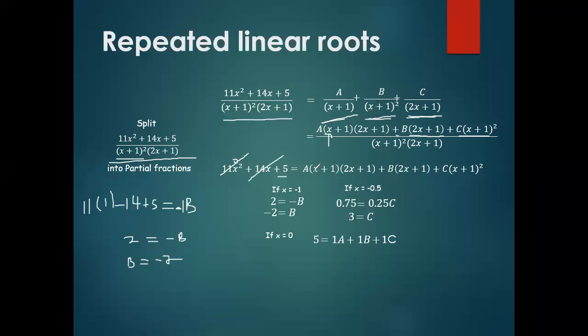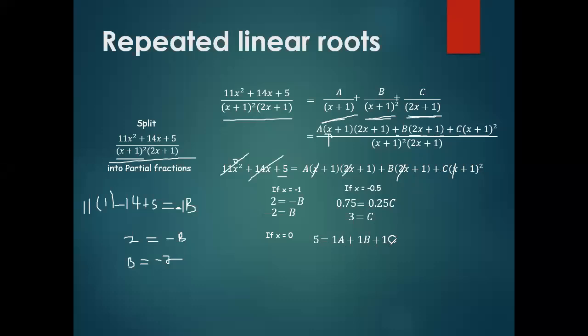Then this x is 0, so this side will be 0. So that will be a times 1, which is 1a. 2x is 0, x will also be 0 here. So b times 1 will be b, and then c times 1 squared will be 1, so c times 1 will also be 1. So we have 5 is equal to a plus b plus c.